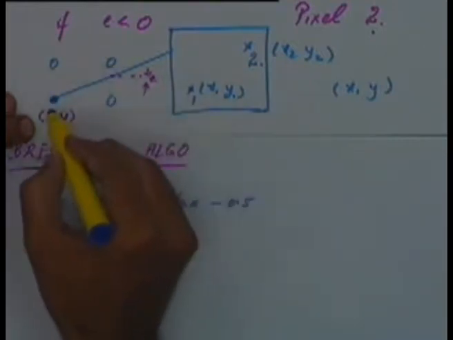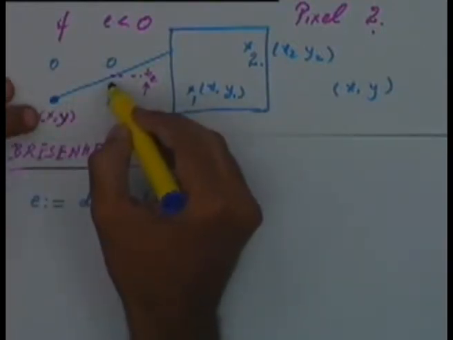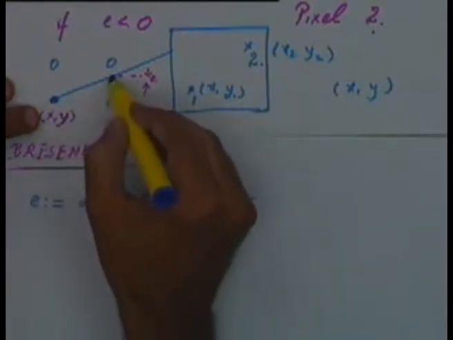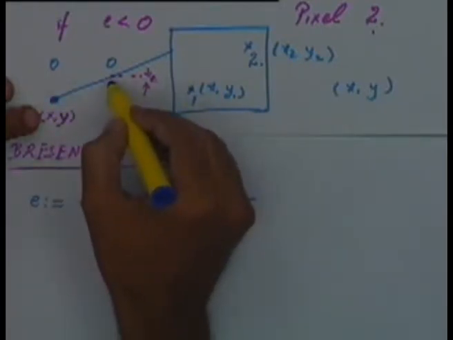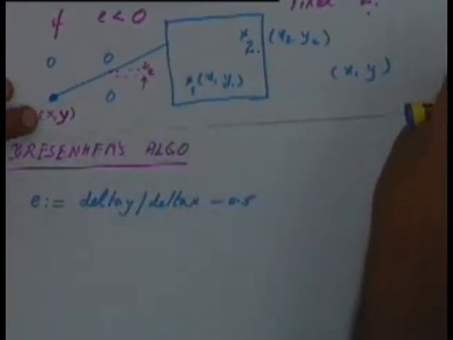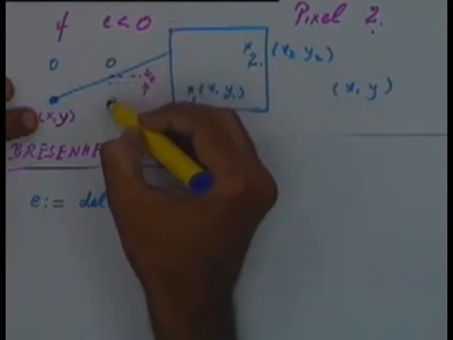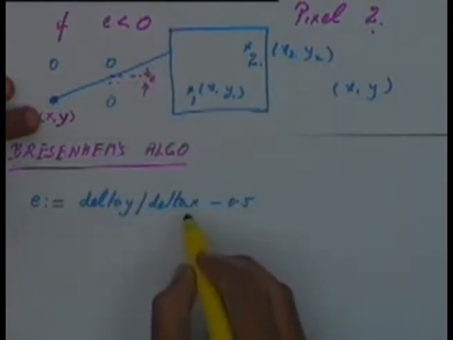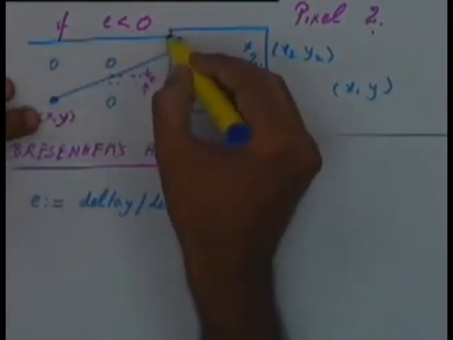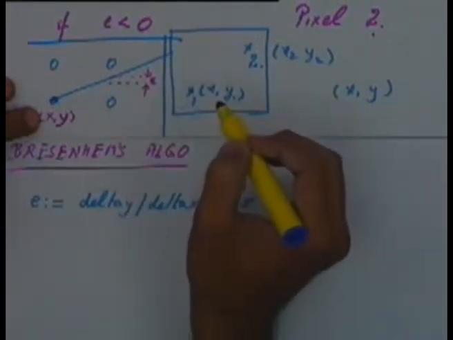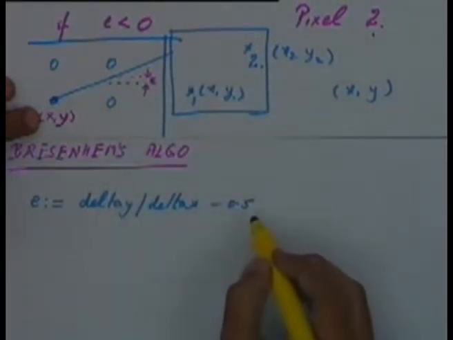At the end of this pixel, how much is the error term? The line has moved up by an amount of dy by dx. Okay, and the center of this pixel is at 0.5. So at this location, the error will be dy by dx minus 0.5. This amount of the error that I have shown in this part of the figure is dy by dx minus 0.5.